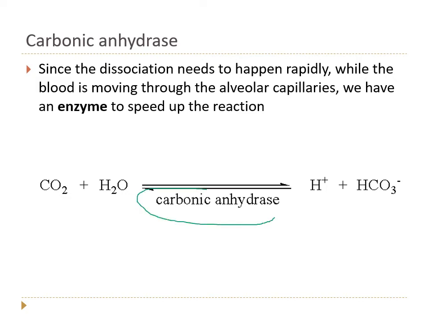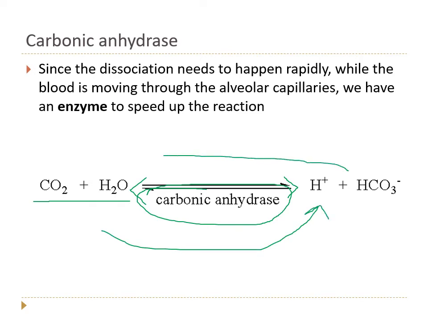In this case, the enzyme is called carbonic anhydrase, and that's what allows us to do this chemical reaction very quickly in both directions. So it allows us very quickly at the cellular level down in the tissues in the capillary bed to move to this in the bloodstream, and then when we get to the lungs, we can do this so we can blow away the carbon dioxide as a free gas.